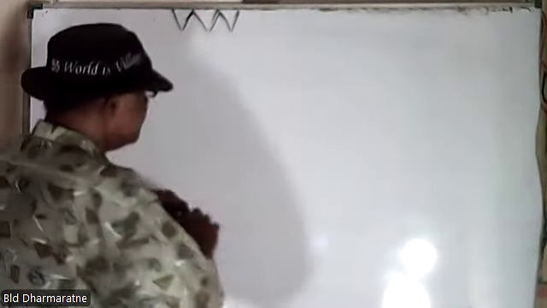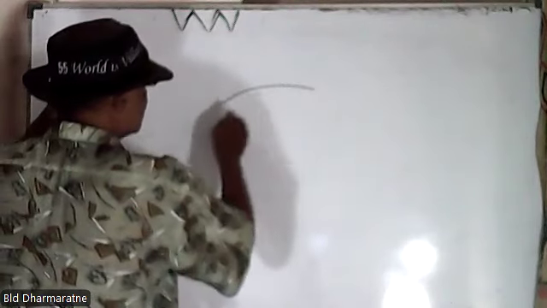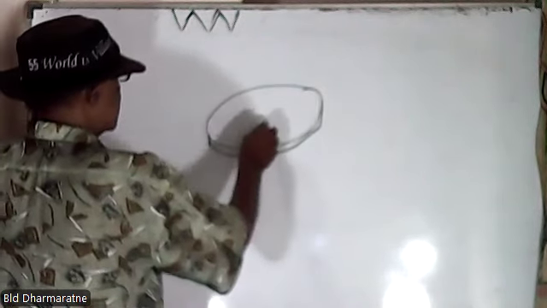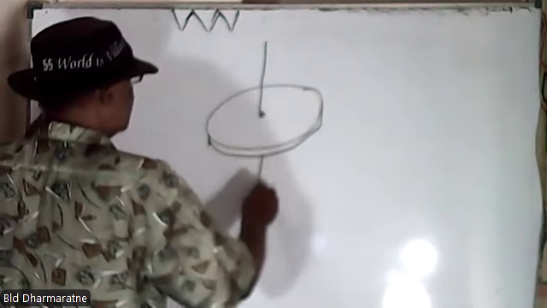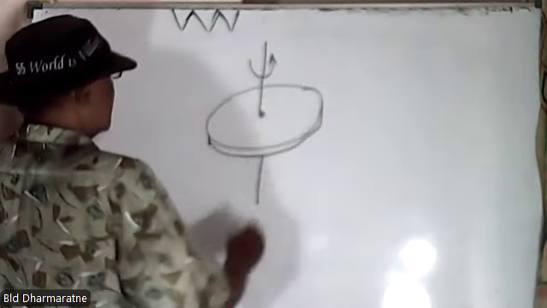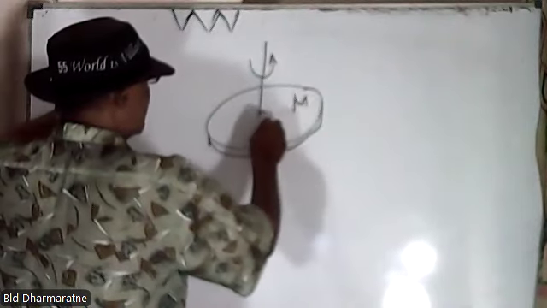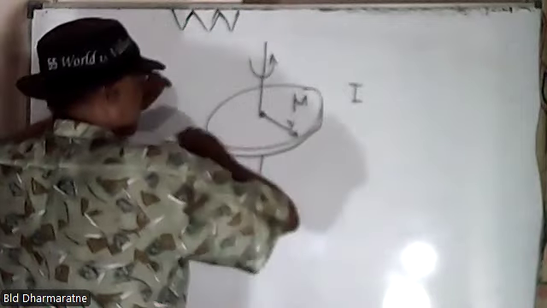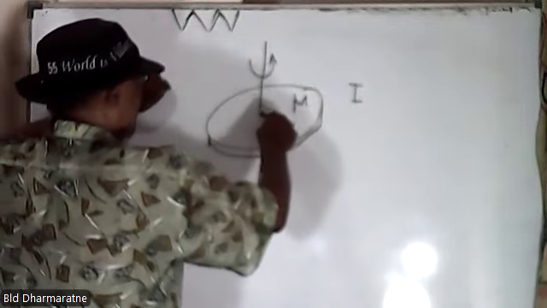It rotates about the axis perpendicular to its plane through the center, with angular velocity omega. The mass is M and the radius is A. The moment of inertia about this perpendicular axis equals half M A squared.